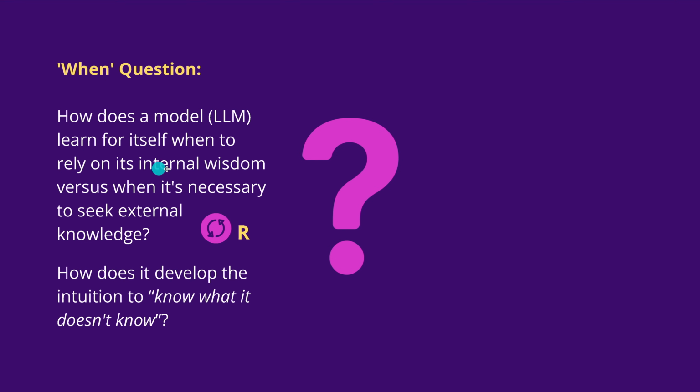So, rely on internal wisdom, parametric knowledge, seek external knowledge, which data sources, when, or go with a reasoning or have an interchange process of any of those three. So how does it develop here this knowledge, this intuition, this what it learns to know what it doesn't know?